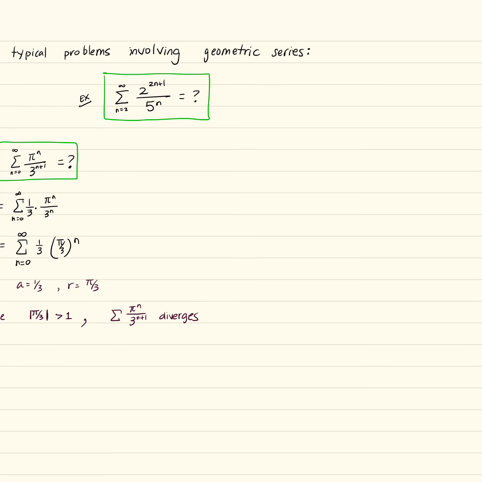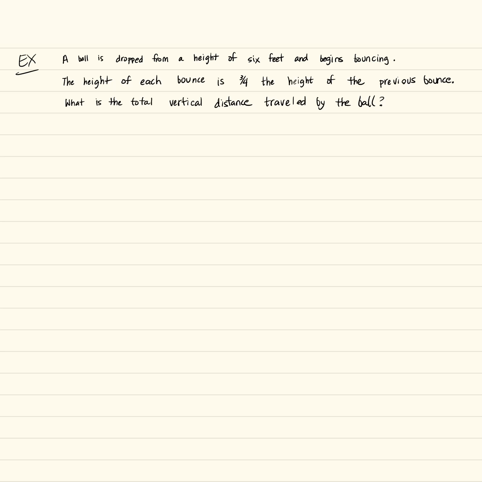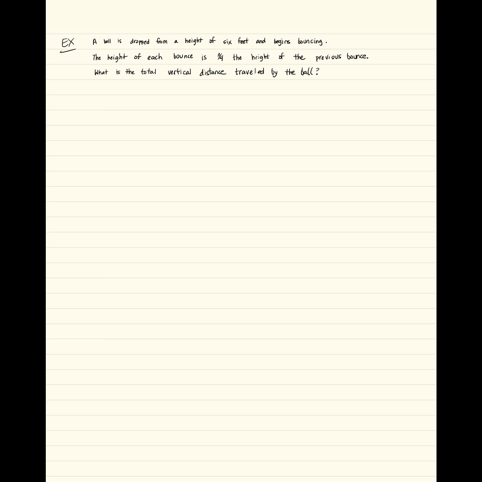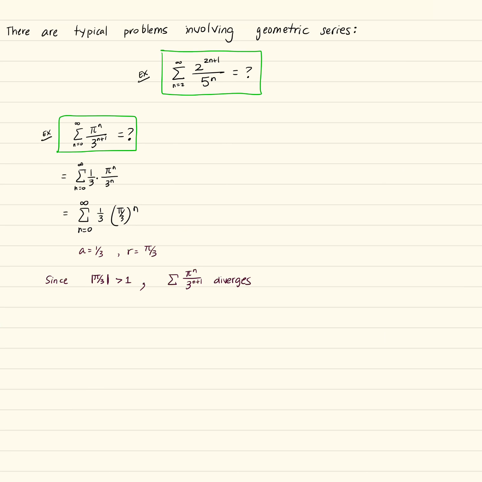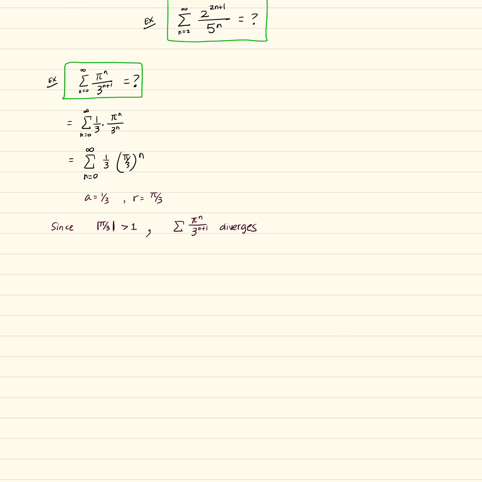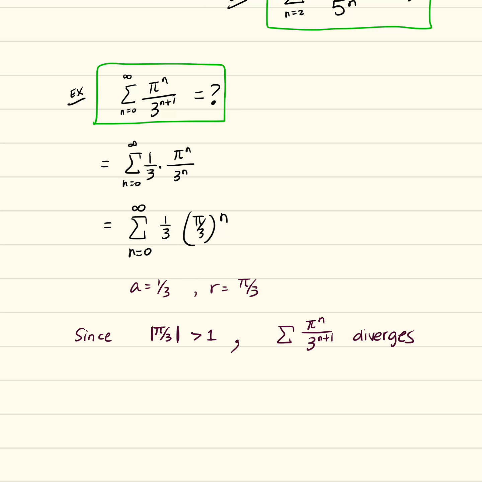And then lastly, there are word problems, so we'll look at a word problem as our final example. Let's look at this first example down here. For this first example, the key is that we need to change the terms. So we're working on changing the terms.